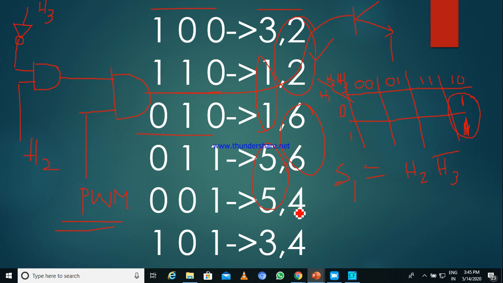These two switch number 5, switch number 4, and this one is switch number 3. In a similar way you can simplify using the K-map for all. This is for one direction. For a different direction, you have to take the other combinations. So now I have given the flavor.